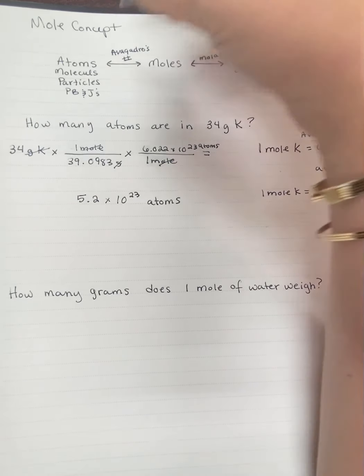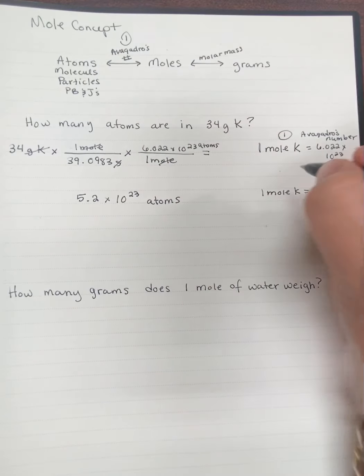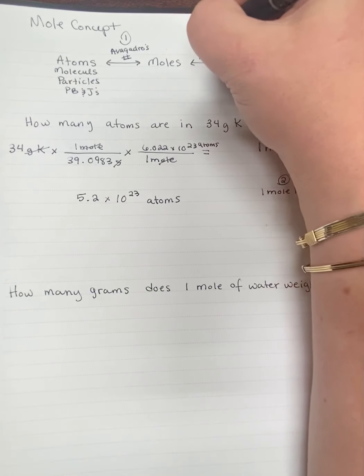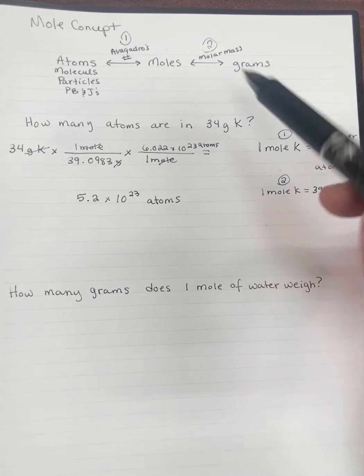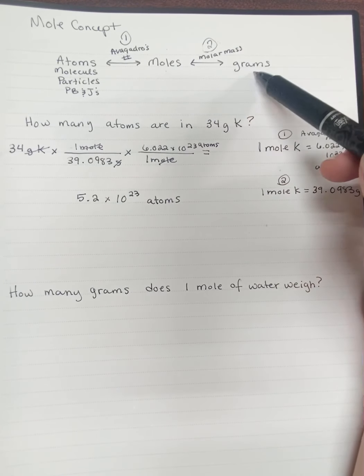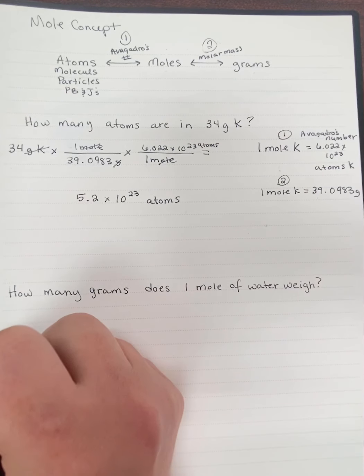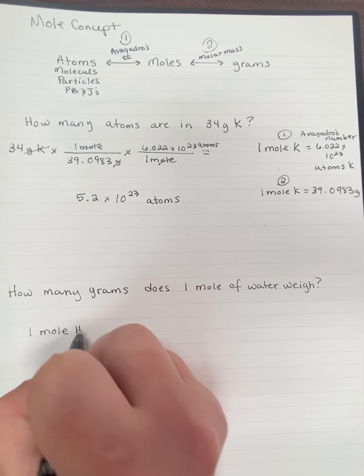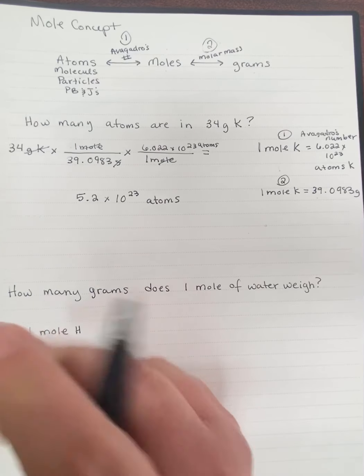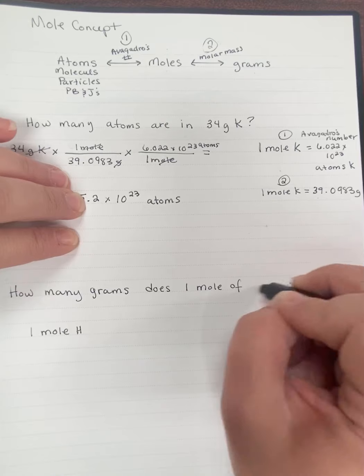Okay, so this is my first, this is here, and then this is here. Okay, so how many grams does 1 mole of water weigh? So I know I have 1 mole of water, I just need to convert it to grams. So I'm going to use my molar mass, okay? So I have 1 mole. Let's see, I don't want to use water. I'm changing my mind here. I want to use copper.